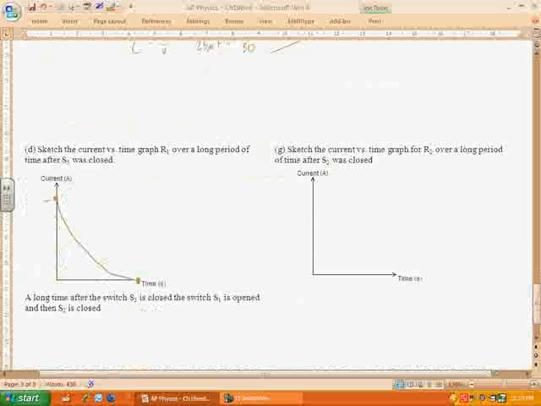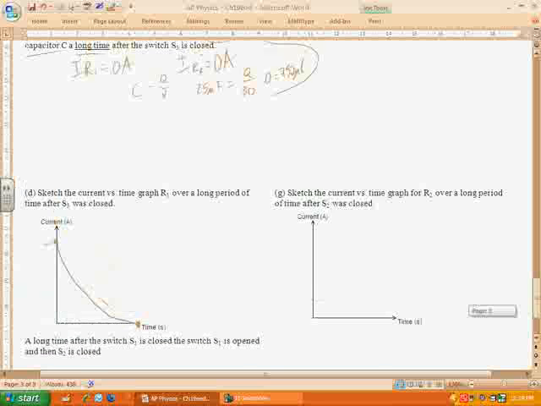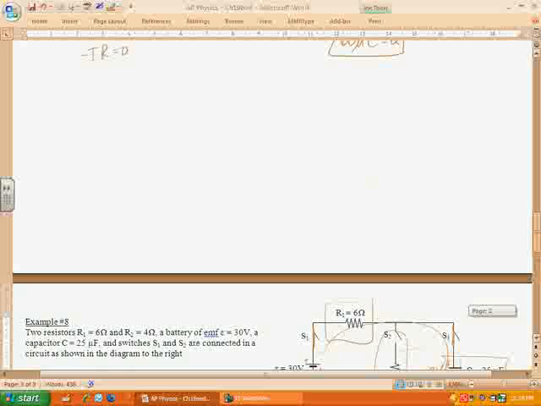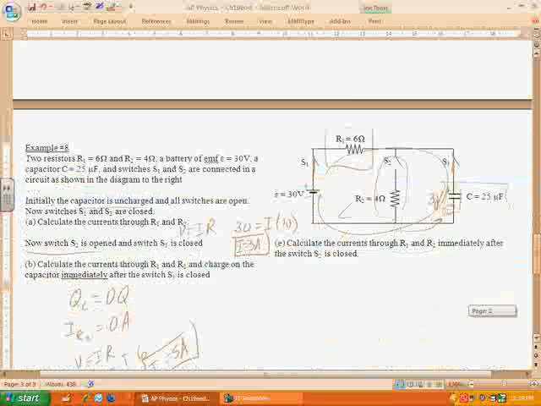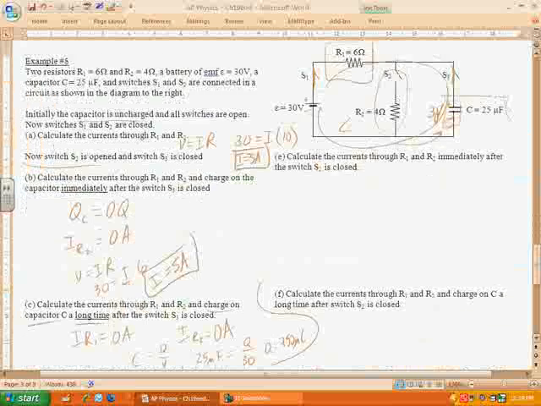There we go. Okay, so it erased that, but we didn't open that one. So now the current is just going to be able to go through there. We've already put the charges on our capacitor, which means the current is going to flow in this direction from the plus to the minus.